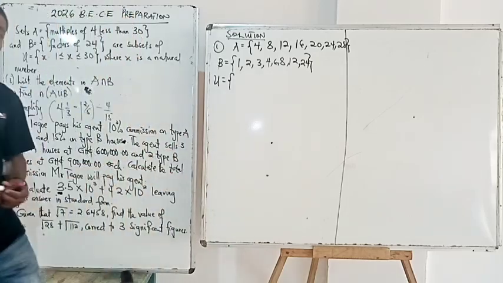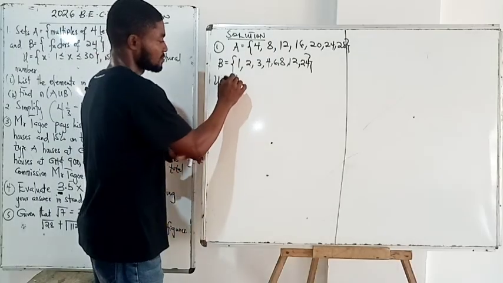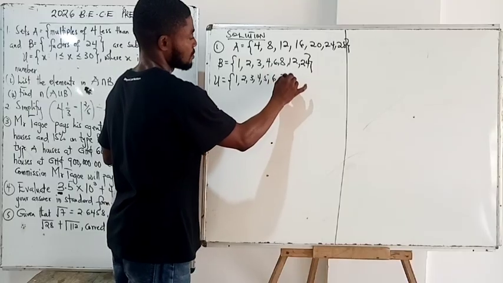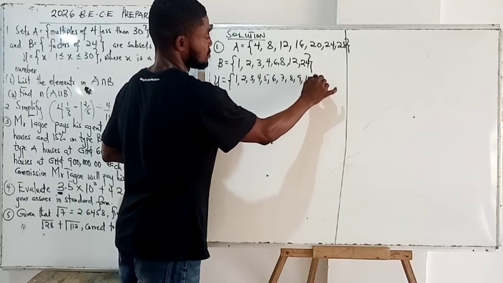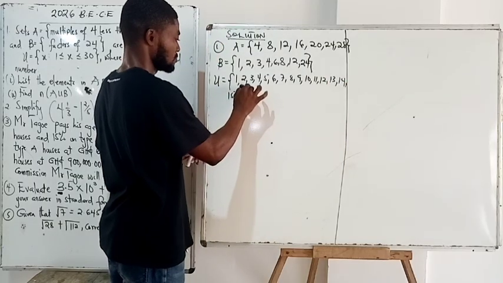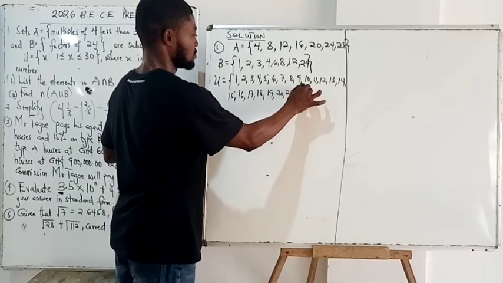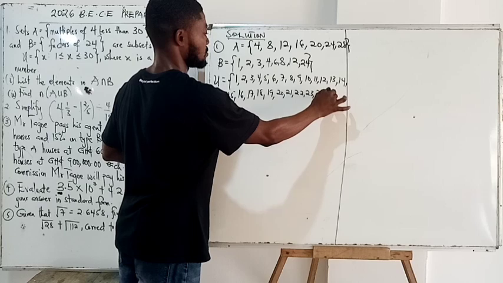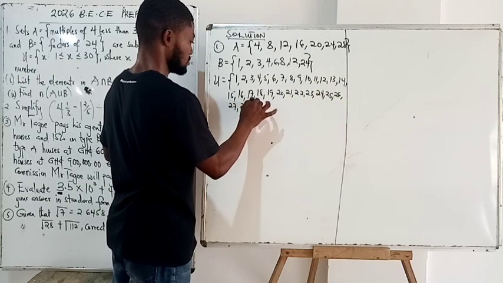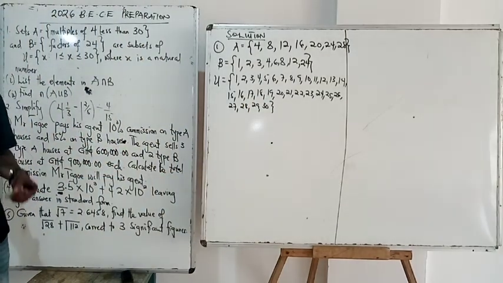So natural numbers greater or equal to 1. So I start from 1 up to 30. Okay, so I have the universal set, which is from 1 up to 30.